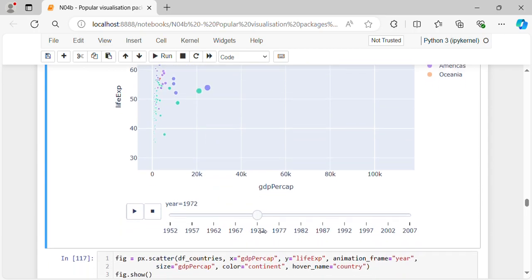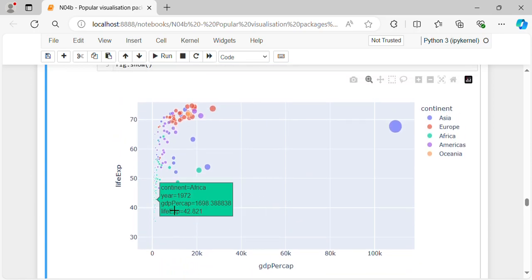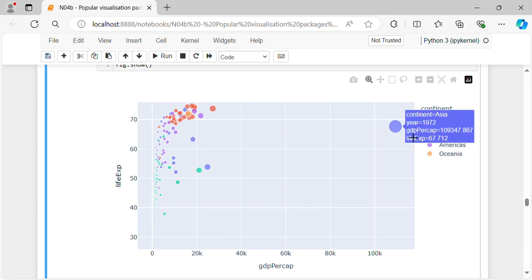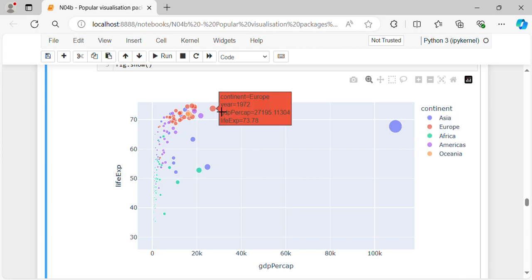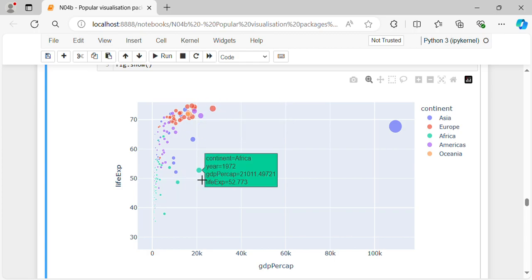Let's look at 1972. So we can see that for Africa, the GDP is slowly increasing, and the life expectancy is also increasing. And for one of the Asian countries which had highest GDP, the GDP has increased once again in 1972, and the life expectancy is also increased, and the GDP for all the countries are now increasing slowly.